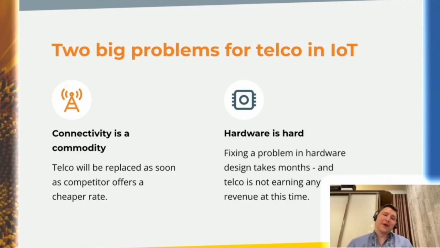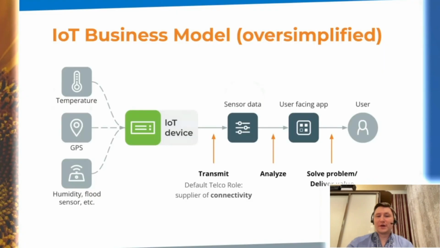This brings two main big problems. Where we send information from the IoT device, from the telco perspective, where you are the service providers, this connectivity is in a sense a commodity.